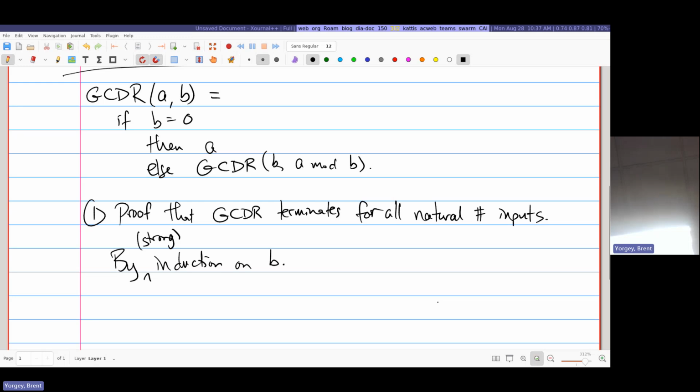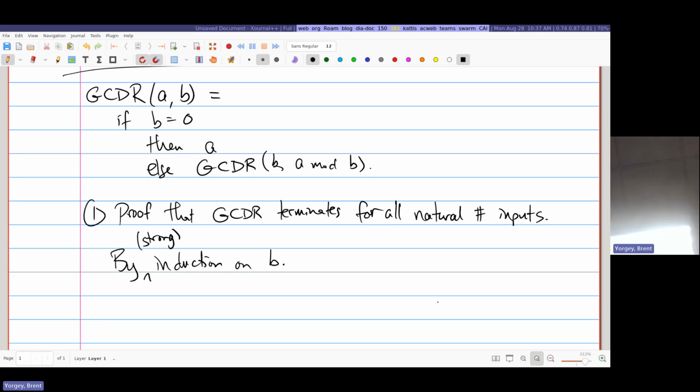Here's a question for you, just as an aside. The first argument, is that also always getting smaller? No, why not? B could be larger than A on the input, and so A doesn't change. That's right. If B is bigger than A, then when it calls itself recursively, it uses B there, and that first argument could actually get bigger.